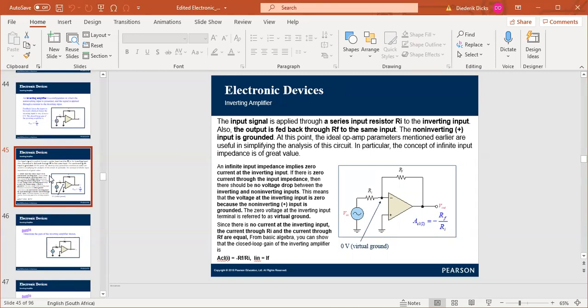With 0 current through the input impedance, there should be no voltage drop between the inverting and non-inverting inputs. This means that the voltage at the inverting input is 0, because the non-inverting positive input is grounded. The 0 voltage at the inverting input is referred to as virtual ground.